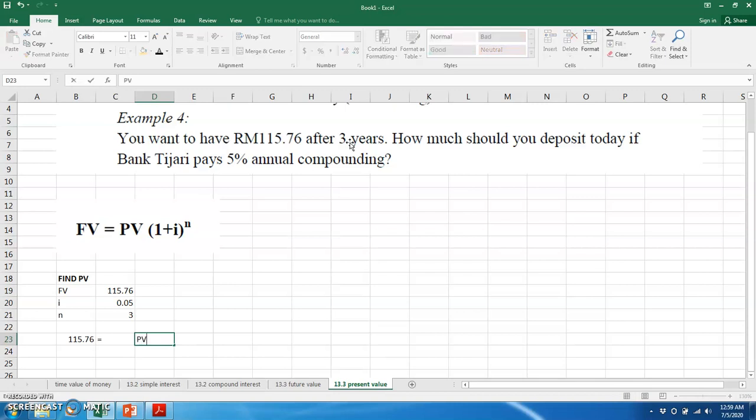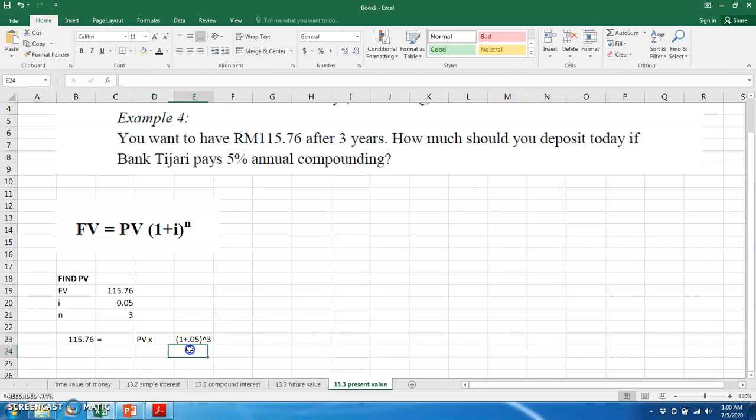So this is the present value, and of course you know this is how you calculate it, am I right? Meaning present value times 1 plus 0.05 to the power of 3.